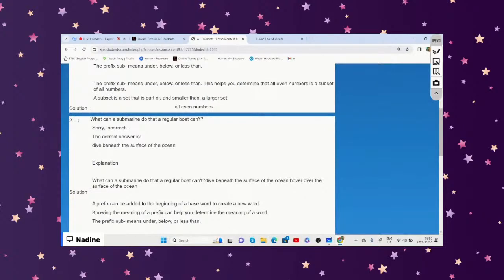What can a submarine do that a normal, general, regular boat cannot do? All right.